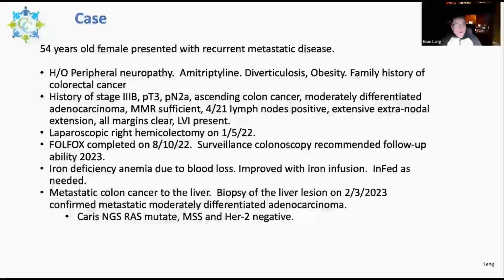So she obviously was treated with adjuvant chemotherapy, FOLFOX, which was finished last August. And sorry for the typo here. But anyway, so I was just monitoring, and I saw her just at the end of last year.